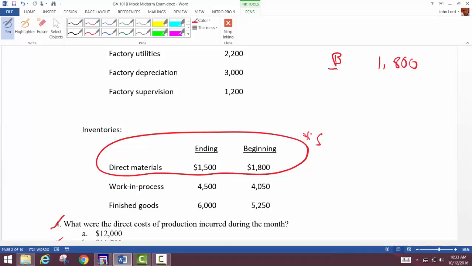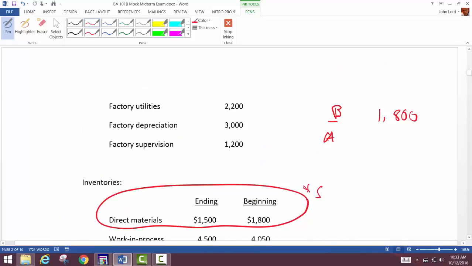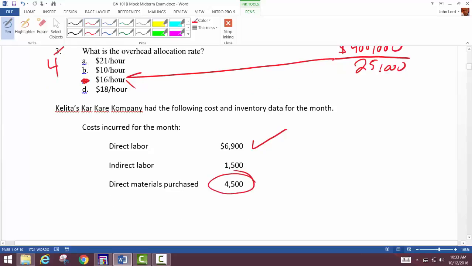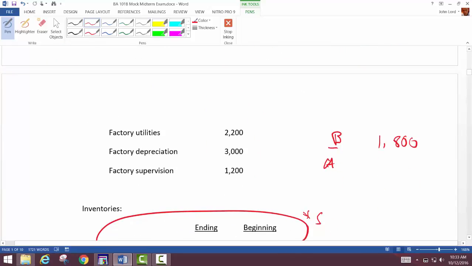So I have my beginning direct materials of 1,800. Now I want the adds, so I have to figure out how much they purchased. 4,500 were purchased, so I add that 4,500.